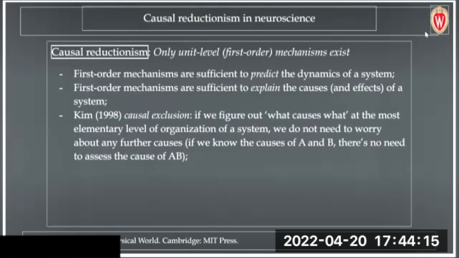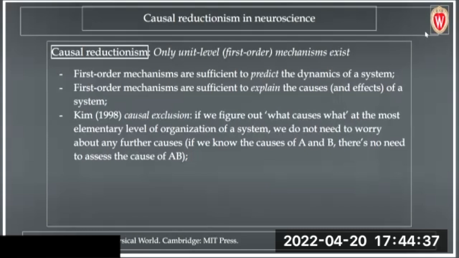It's the idea that only the unit level first order mechanisms really exist, really can cause, really can have effects, etc. The idea is very popular in neuroscience. We already heard about the astonishing hypothesis and the quote from Crick, who said that basically we are just a vast assembly of neurons.